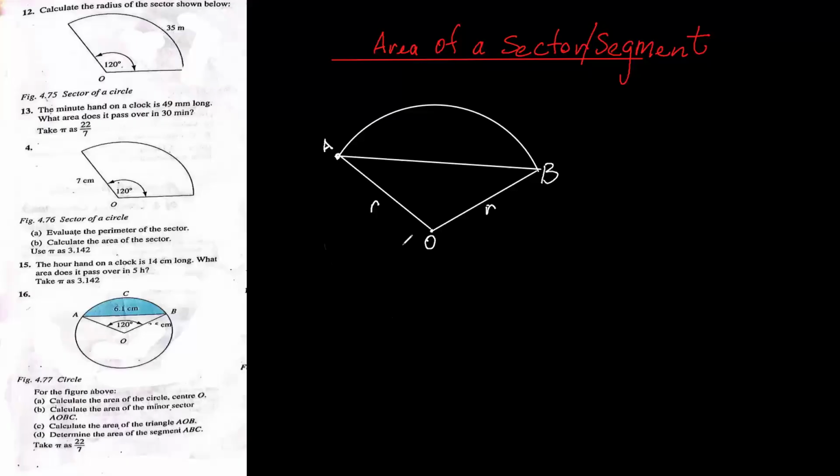A triangle with two sides equal, what do we call that triangle again? An isosceles triangle. We formed an isosceles triangle.